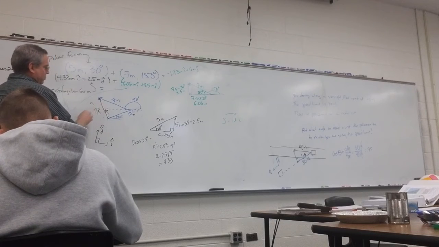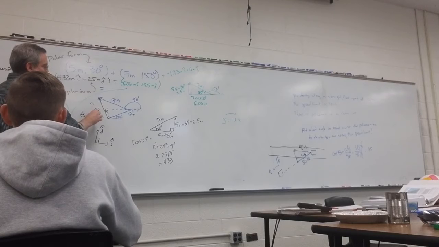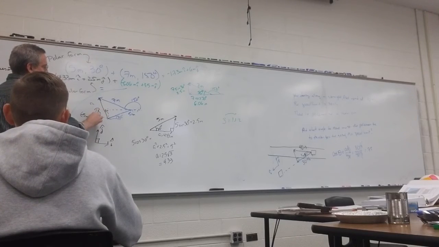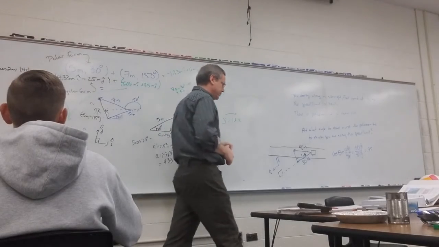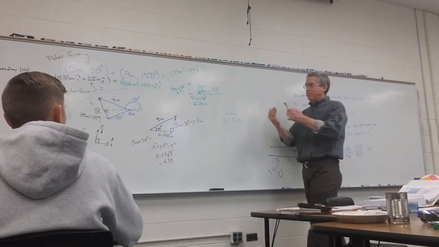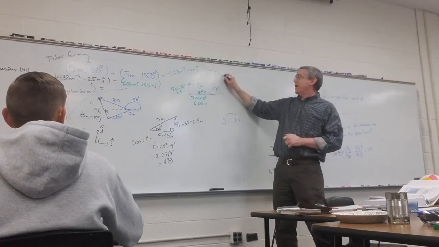So based on my crude drawing, I'd say somewhere around 5 meters and somewhere around 90 plus 25, 115 degrees. It is second quadrant, it is more up than over, which does make sense here. Let's find out what it actually is.